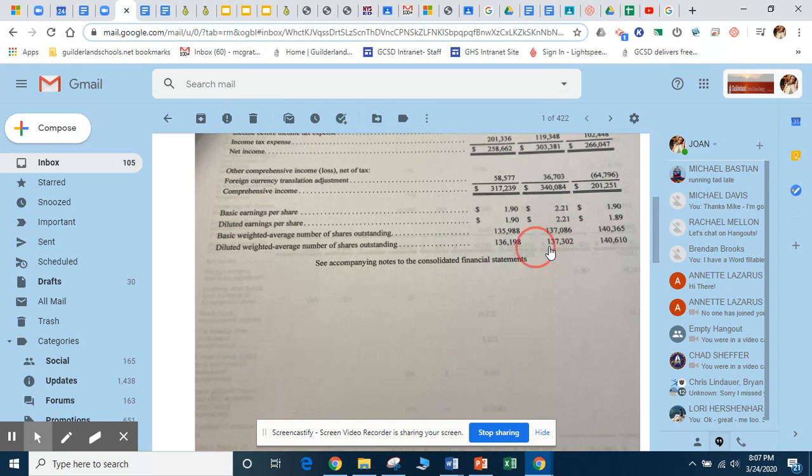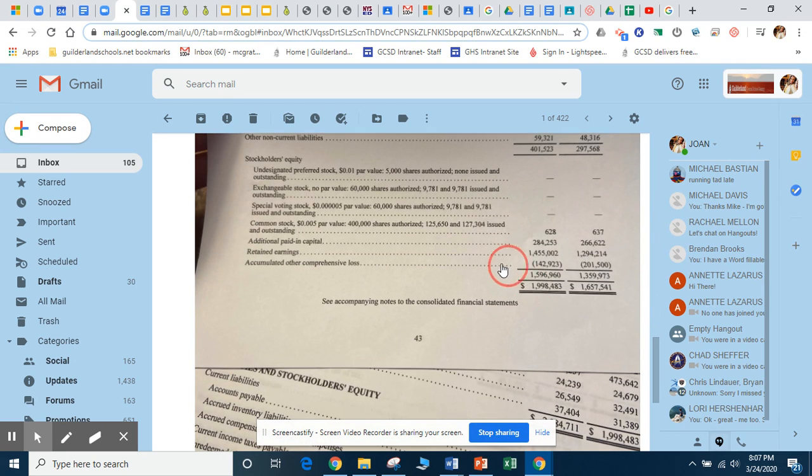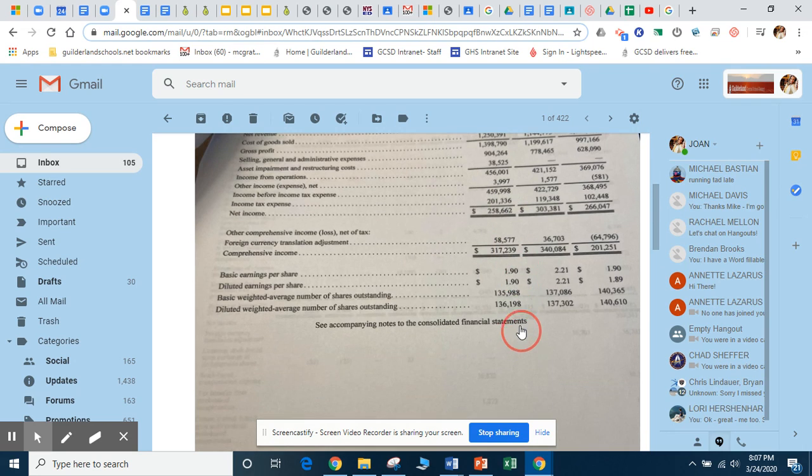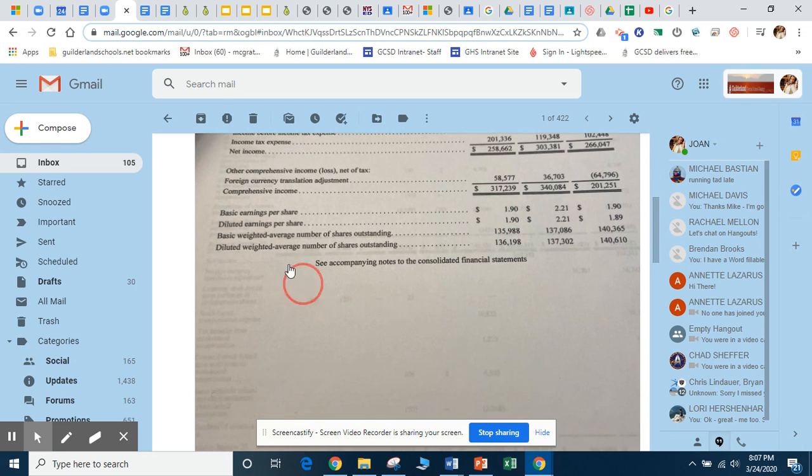Obviously, the other thing that you can note right here is that on their income statement, they actually do the calculations for you of the weighted average number of shares outstanding here. But if you wanted to do your cross check to this information, that's pretty much how you get it. You might be off by a little bit because we're not doing these basic or diluted weighted averages.